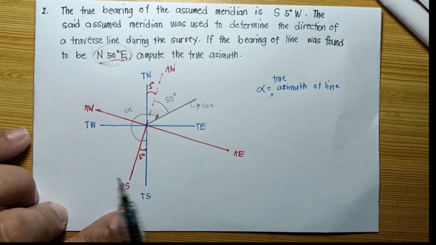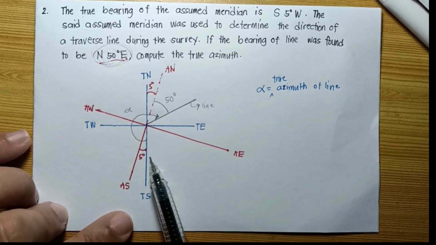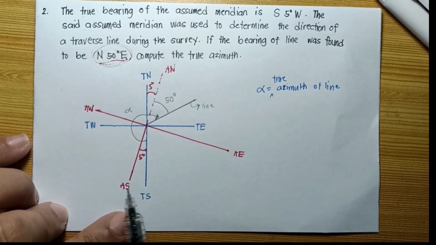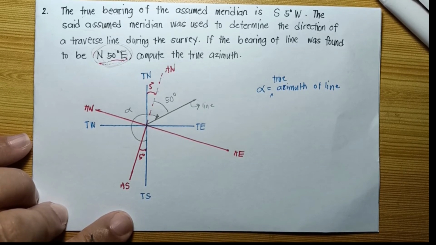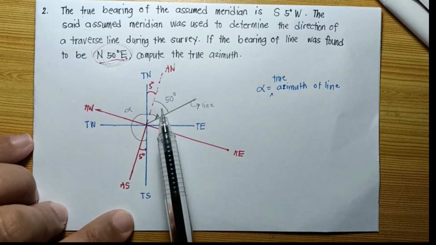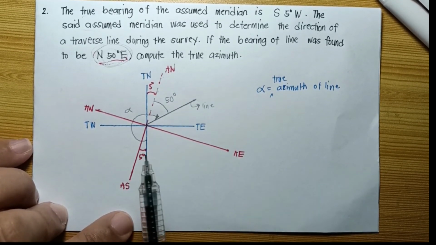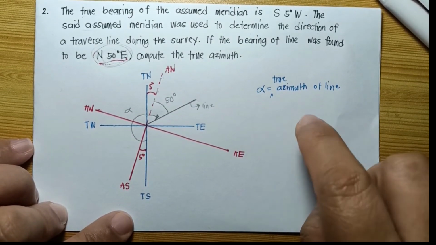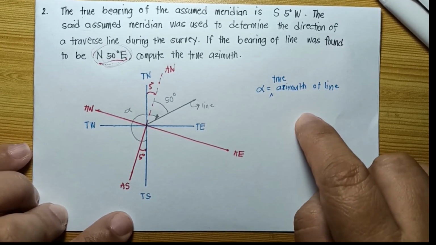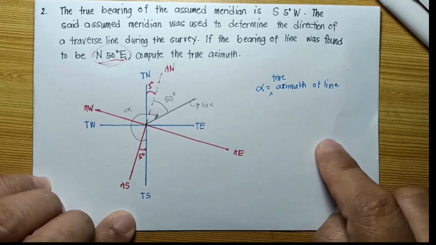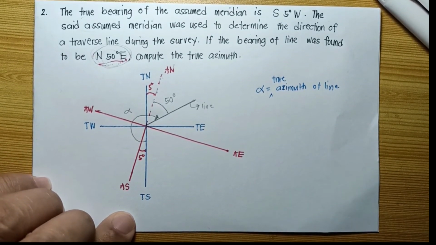You always have the option to do some mathematical operation, but sometimes it gets confusing, so I advise you to compute the bearing first, because bearing is an acute angle and it's easier to solve using this illustration. Although we are required to solve the azimuth, it is better to compute first the true bearing, and then convert that to true azimuth.